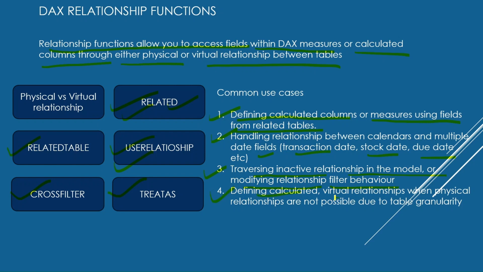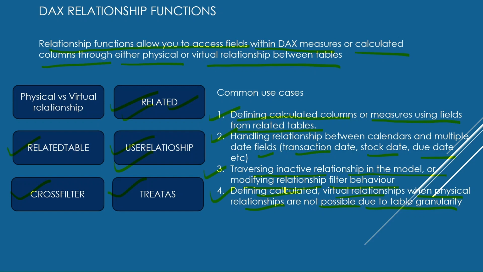Next is defining a calculated virtual relationship when a physical relationship is not possible due to table granularity. Let's consider one scenario. We have a data model, and there are multiple tables associated with it, but due to some condition or table granularity, it is not possible to create a relationship between these two tables.